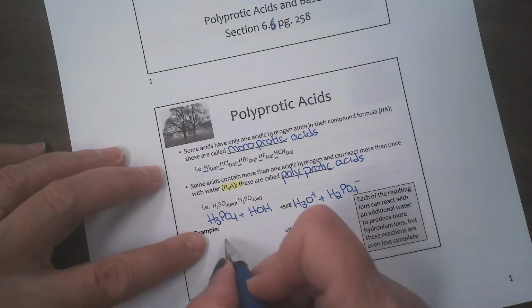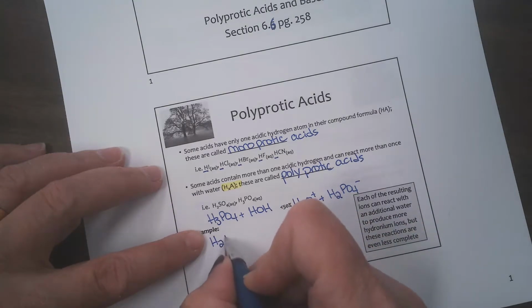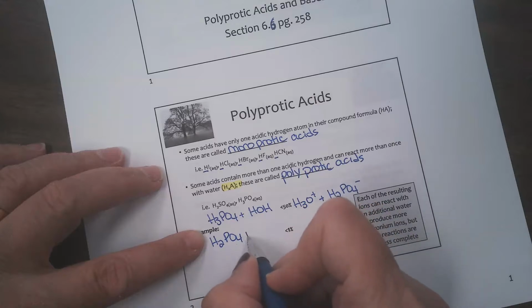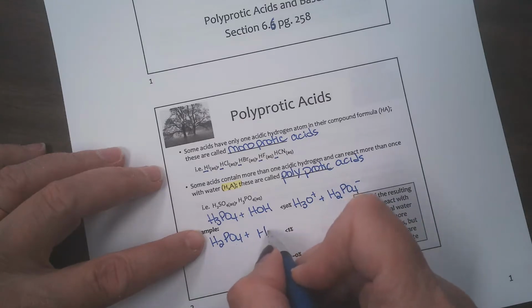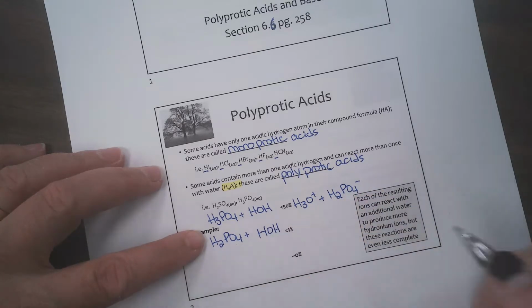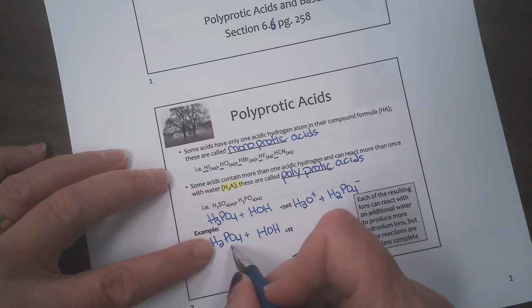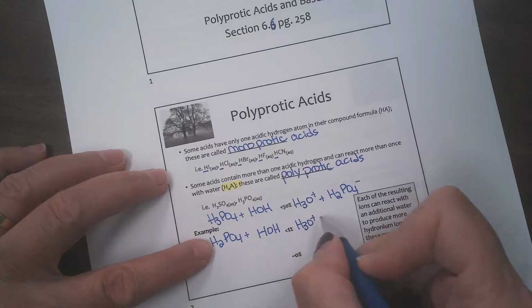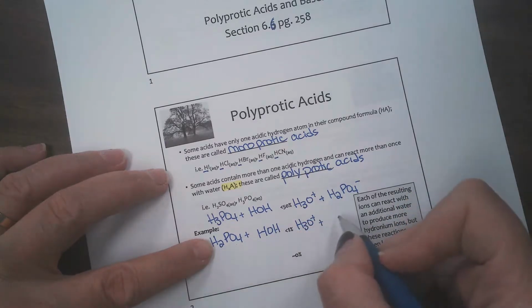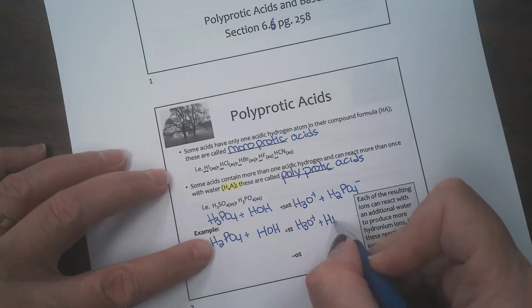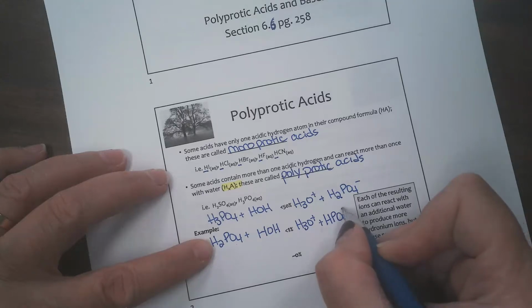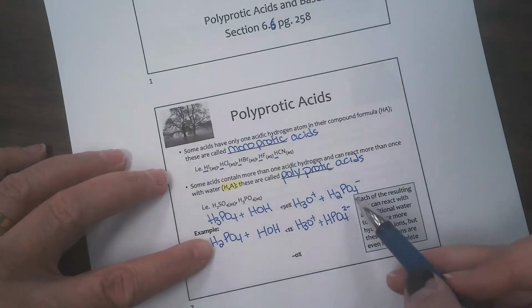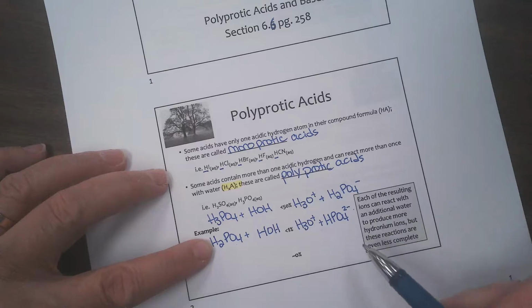Then what we can do is we can look at taking H2PO4 minus and adding it to water. And this then becomes the proton donor. So we're going to get H3O plus. This loses one of the hydrogens, HPO4, 2 minus. Pay attention, the charge is changing.